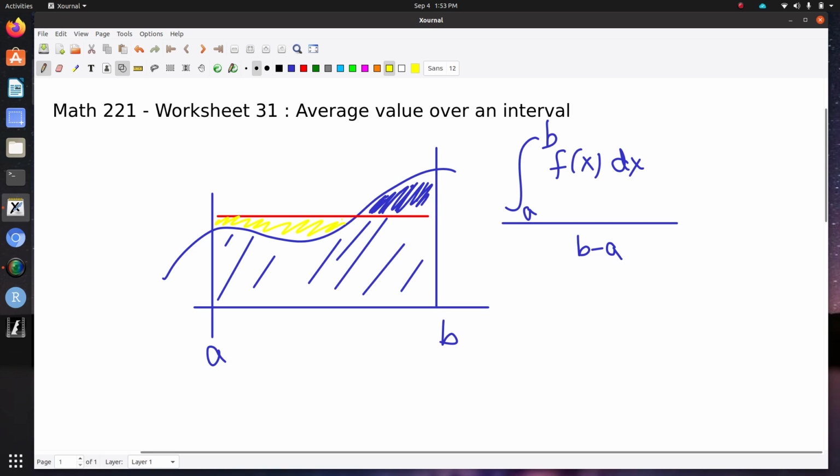So that positive and negative has to balance out. So that's the visual on that. And you can think of a car traveling at an average of 65 miles an hour, but it goes a little faster and a little slower. That's what you should be thinking of. So this is going to be your average value.